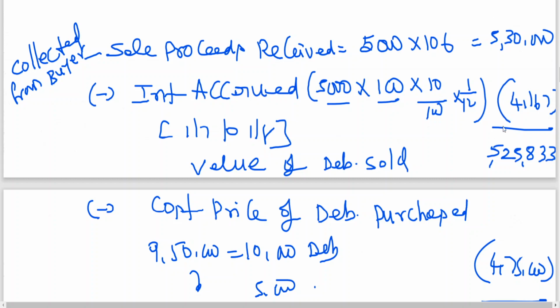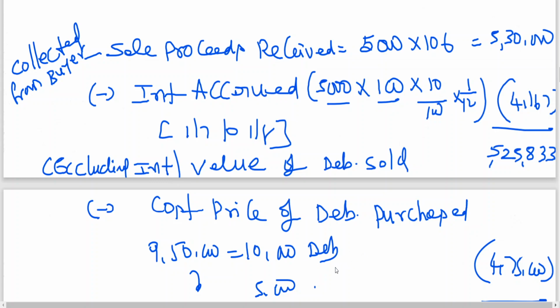So to find out profit or loss, I am giving a statement now. We shall deduct accrued interest. If it is ex interest, no problem. Cum interest, to find out the profit or loss on sale, I should take the value of debentures sold, excluding the interest part.